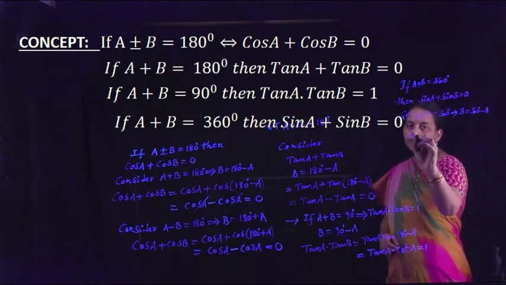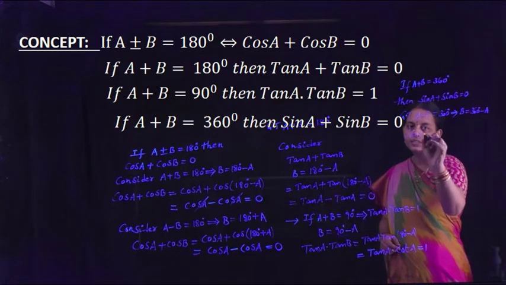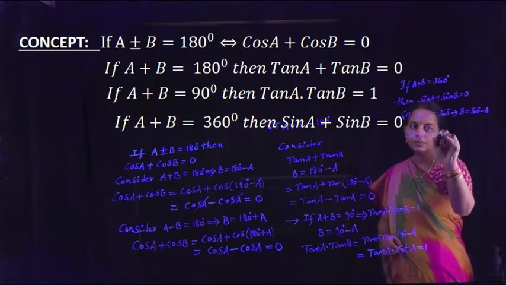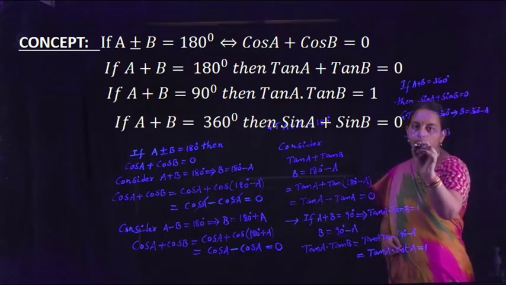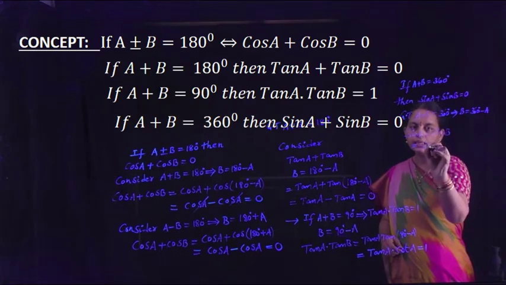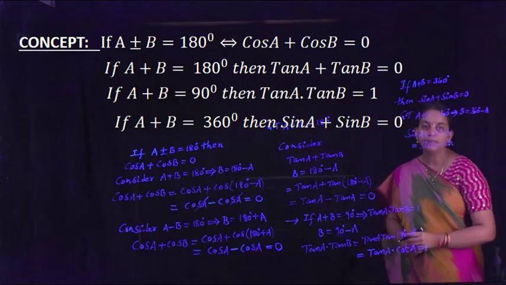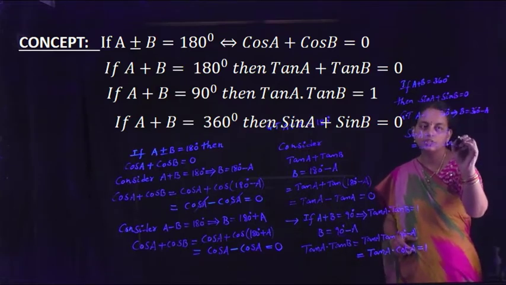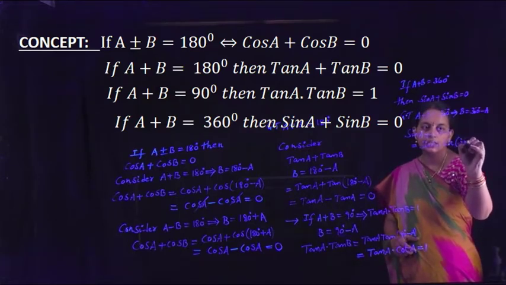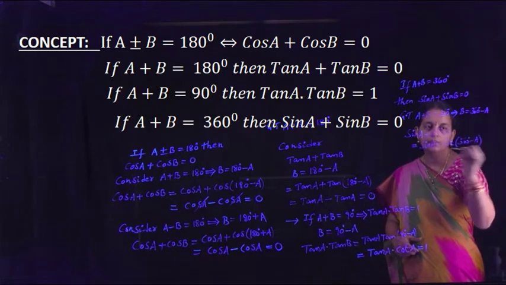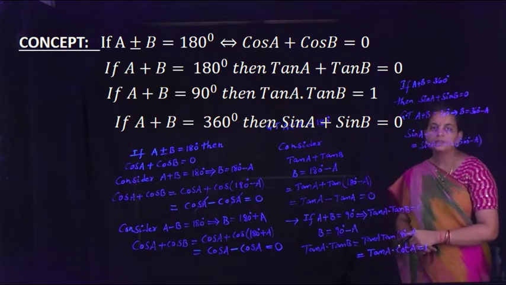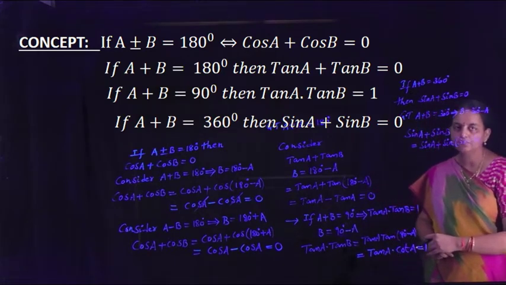Therefore, sin A plus sin B is equal to sin A plus sin of 360 minus A. 360 minus theta lies in the fourth quadrant.